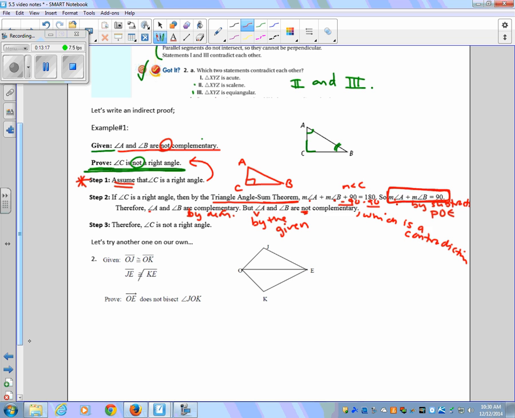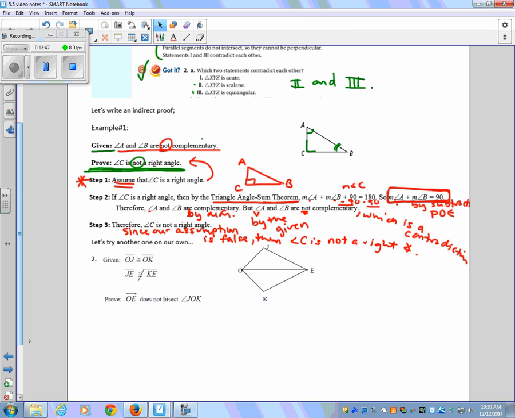Okay, therefore, and I'm going to need you to write a longer statement than this, but therefore, since our assumption is false, then angle C is not a right angle.